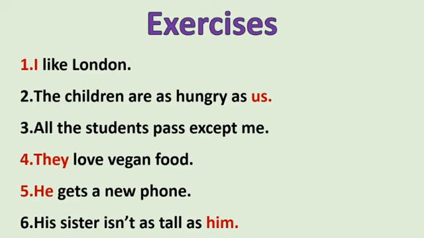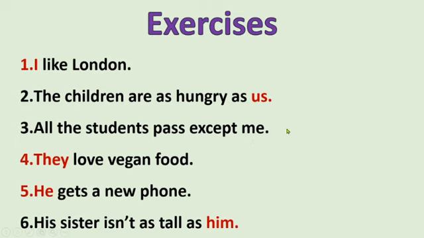Okay, that's all. We're going to check the sentences. I told you, we have I like London because like is a verb. Children are as hungry as us, because children is they and us is the object pronoun. They receive the description. Number 3, all the students passed the exam except me.